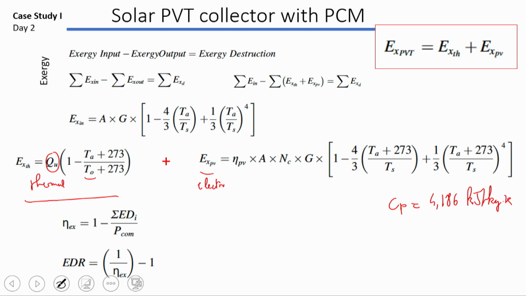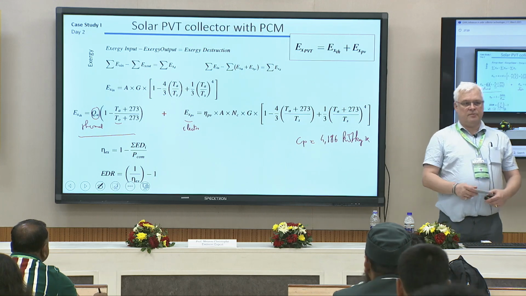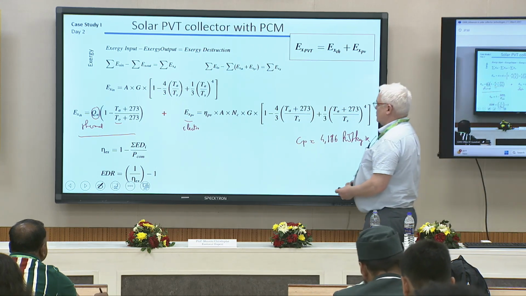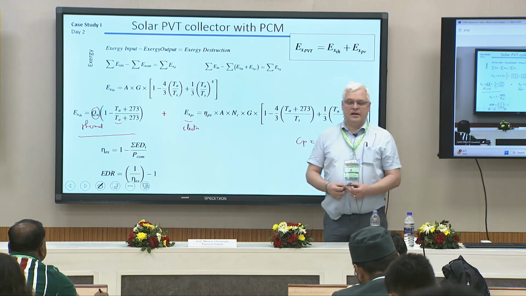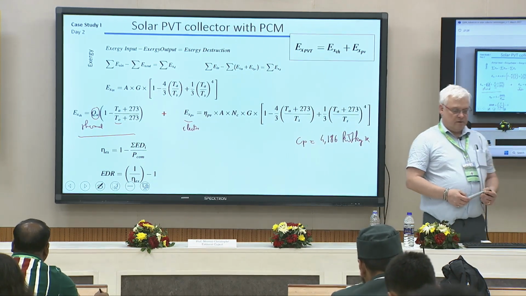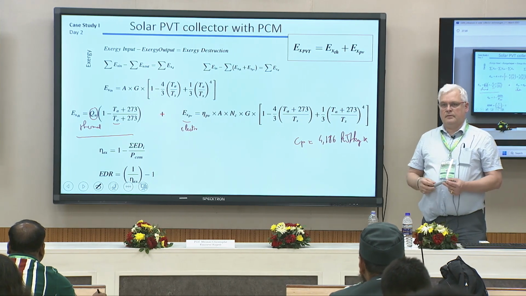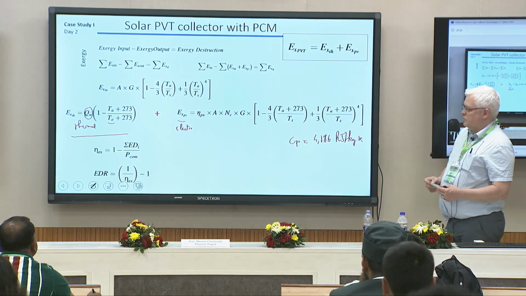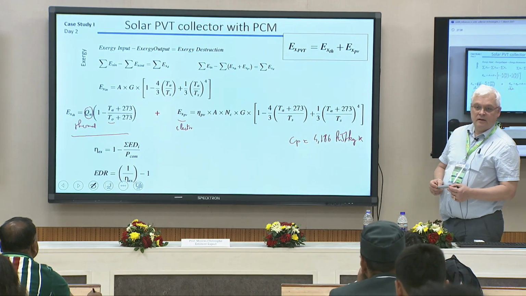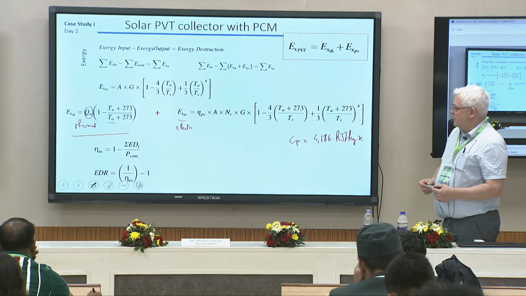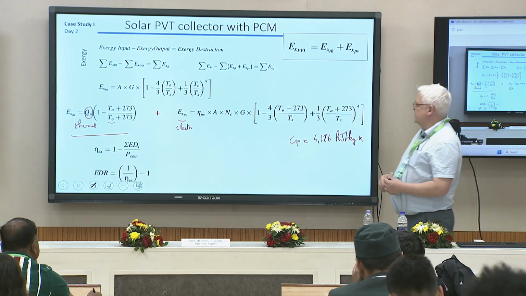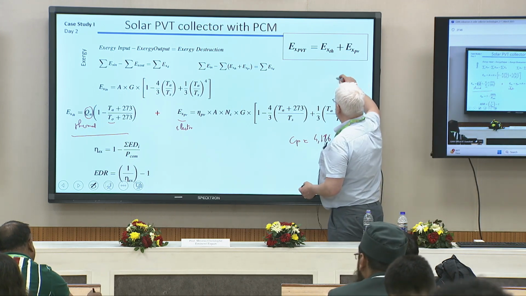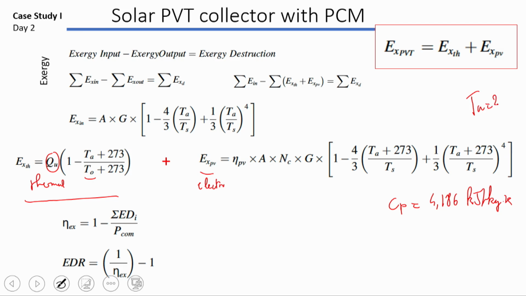The exergy has been extracted from the second principle of thermodynamics. So I said TA is 25, and I will consider that T water is around 60.